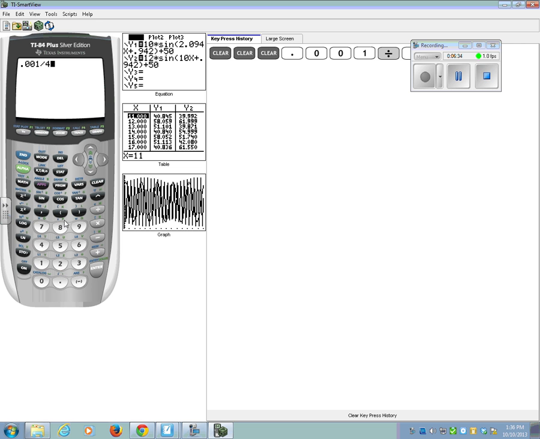Mine is an EE button. Can you see it? Just barely make it out on the side of the calculator. So I'm going to go second function EE, and it puts a little E up there. I don't know what it does in your calculator. But when you go EXP, it does the times 10 for you. So all I have to go do is go 4, E, and then minus 3. And you should get an answer of 0.25.